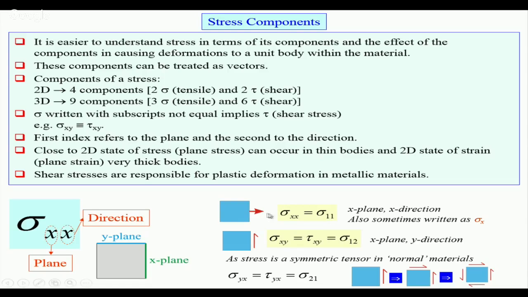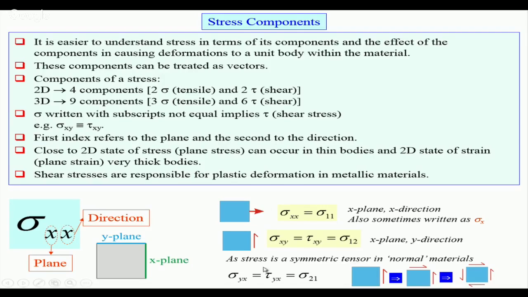If we say that this is number one direction and number one plane, then it will be 1, 1. Now if it is upwards, then it is acting on the x plane but along the y direction, so it is tau xy. And if it is 1 and 2 respectively, then it will be 1, 2.